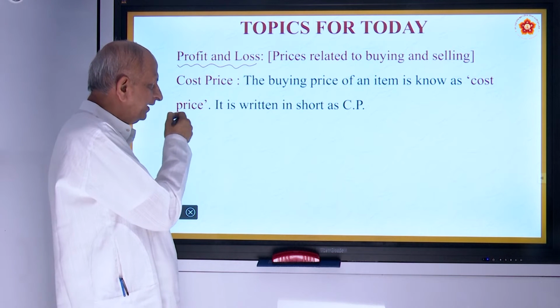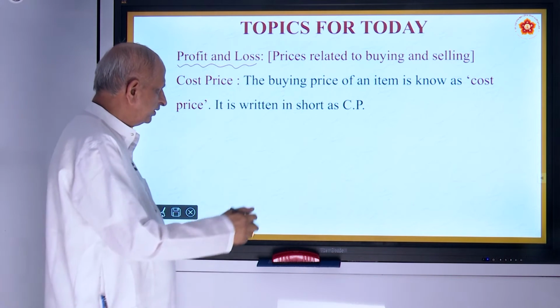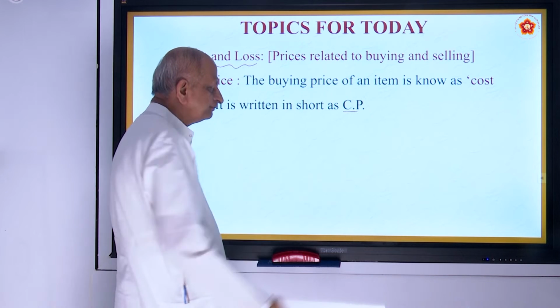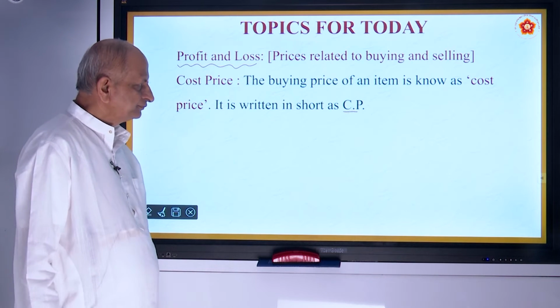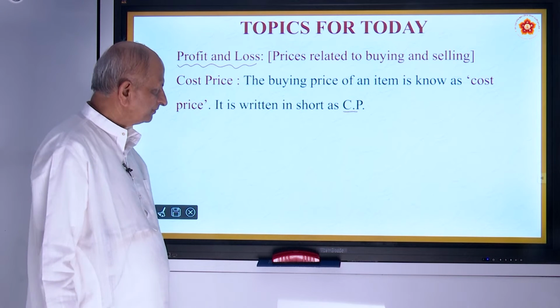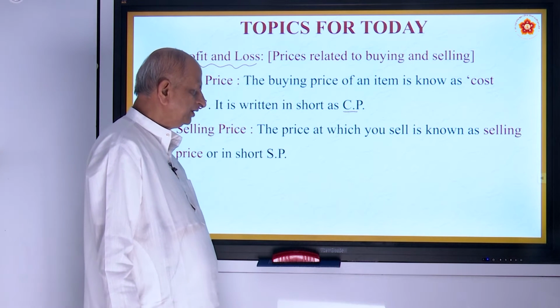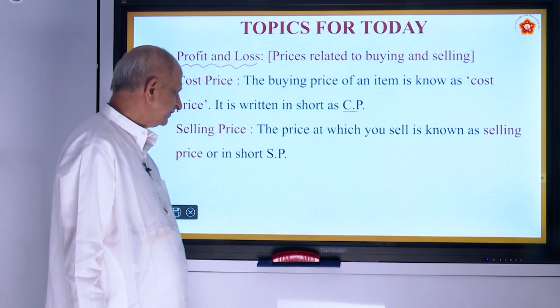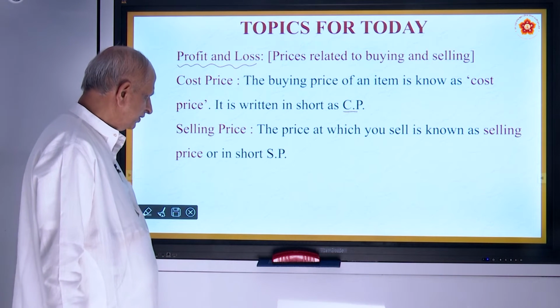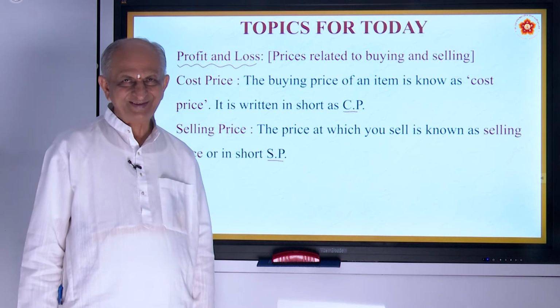Okay, so the buying price of an item is known as cost price, and we write it as CP, and that will be marked on the article itself. Selling price means the price at which you sell. It is also called SP. SP is not Superintendent of Police.